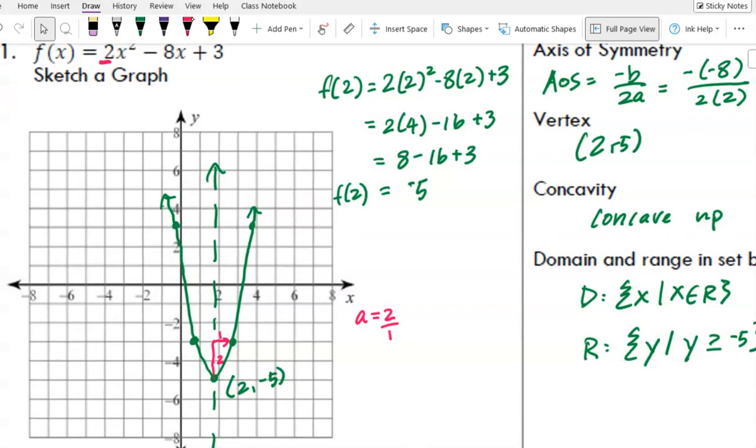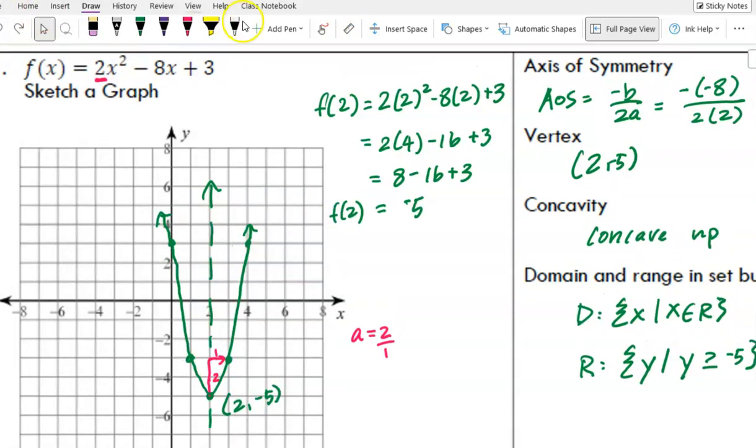You can go backwards. That is when the a value is pretty clear and it's not really clouded by the b value that's inside the function. In standard form, it's going to be pretty clear. You're going to be able to see it. In the vertex form, not so much. But in the standard form, you're going to see a distinct a value.